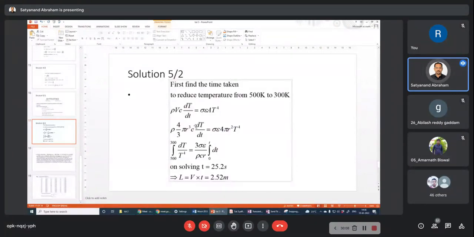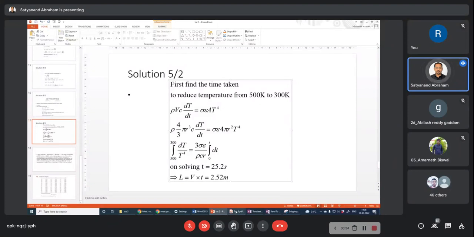All the other values are known. So from the basic energy balance, we solve and get t equal to 25.2 seconds. So that is the time taken for the temperature to vary from 500 to 300.